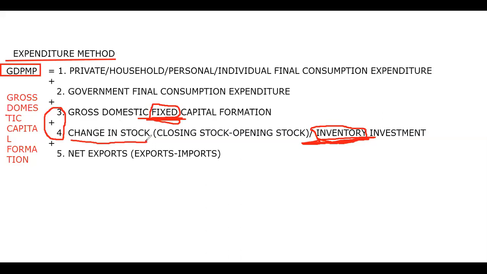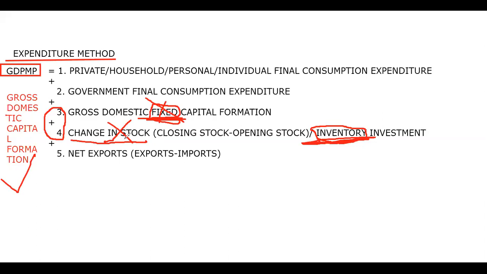If the fixed word is not given, then no need to take the change in stock. Why? Because this represents the total investment inclusive of change in stock also. But if the fixed word is given, then you need to take the change in stock.